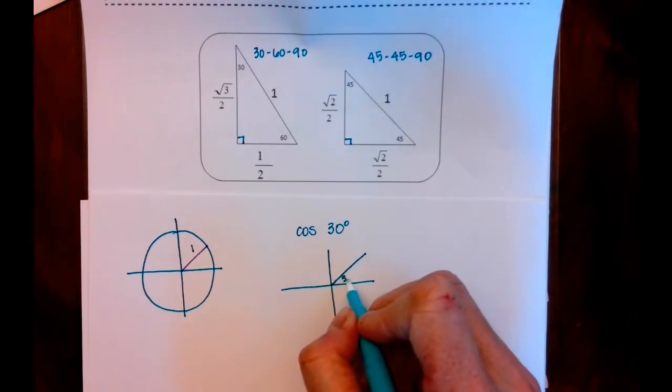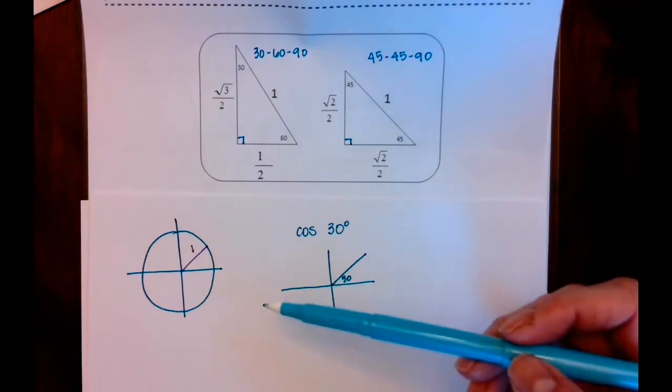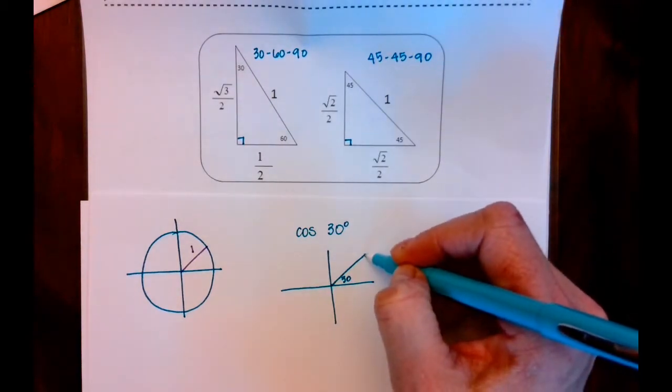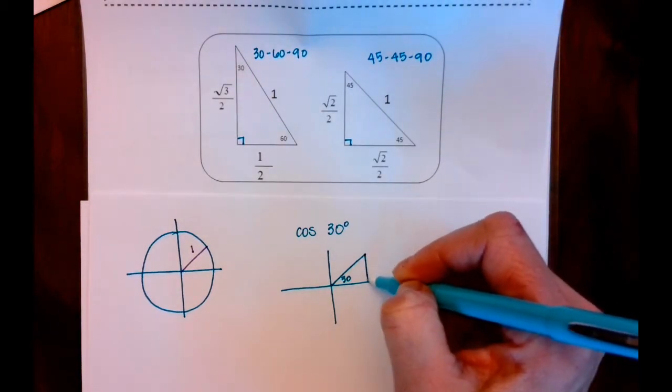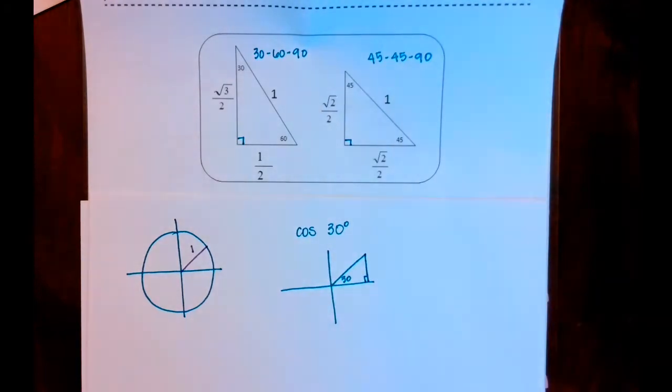Okay, there's 30. So we're going to make this into a right triangle. And remember I said during one of the classes last week that everything goes to the x-axis. So if we do reference angles, it goes to the x-axis. And when we draw these triangles, we draw that third side to the x-axis. So our other leg will always go up and down.